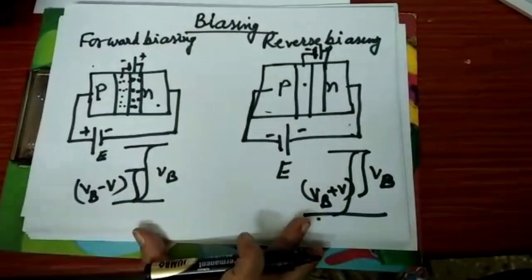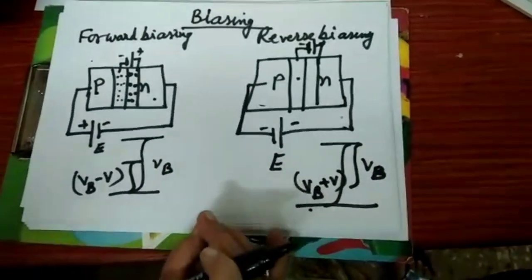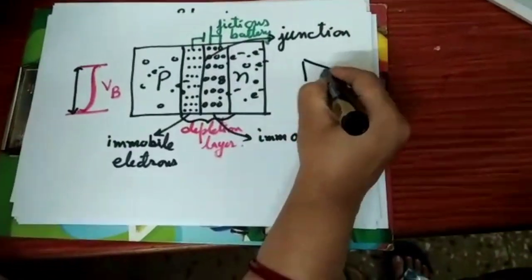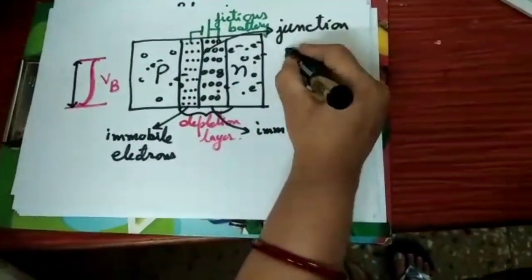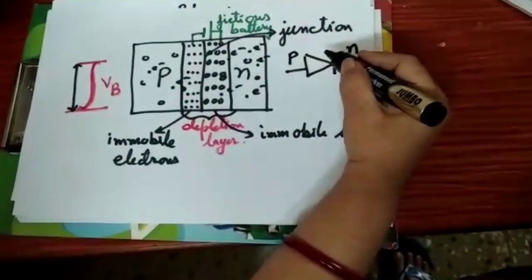Now the second thing is the characteristic curve. The PN junction diode, as we talked about, has a symbol like this. This is P and this is N. This is the symbol of a PN junction diode.